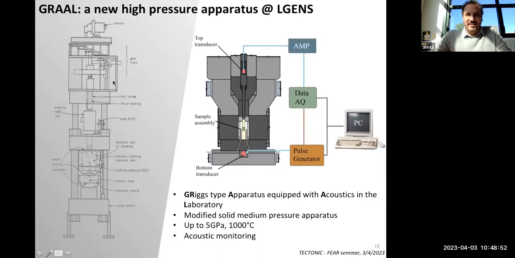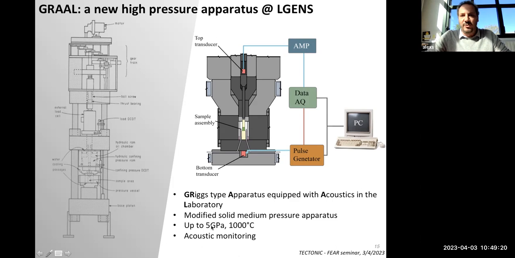As I said, it's a modern Griggs. This is the original drawing of the Griggs apparatus, which is an apparatus from the 60s. This is our version of it, so it's very similar. The sample is located here. It's a solid medium pressure apparatus where the pressure is given through a solid medium, which is salt.